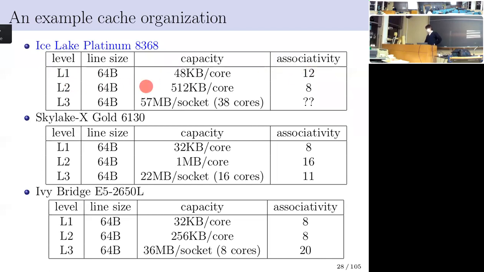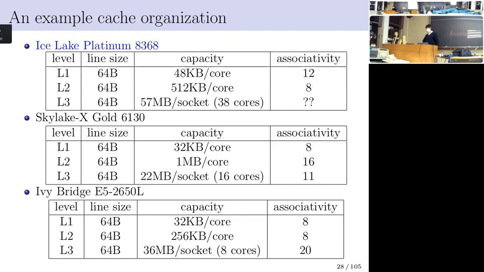For the L2 cache, I'm not 100% sure, but from a quick Google search it looks like it has 512 kilobytes per core, which is a reasonable number, and presumably the associativity is 8. And the L3 cache is much larger, at 57 megabytes per socket.